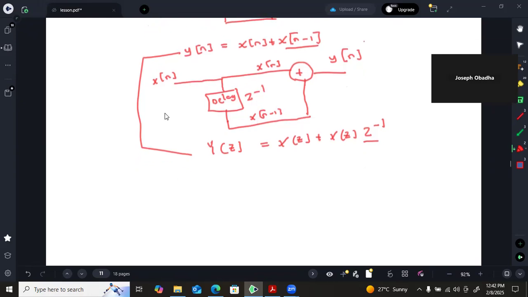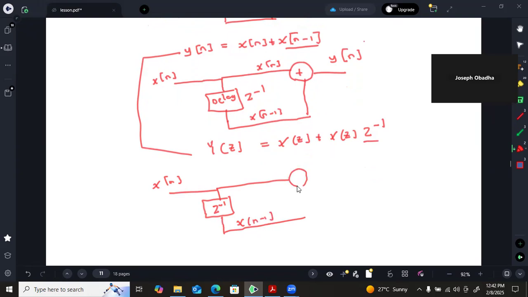So an implementation of this system would be in this form, where I have x of n, then I have a delayed version, z minus 1, so that here I can get x of n minus 1.